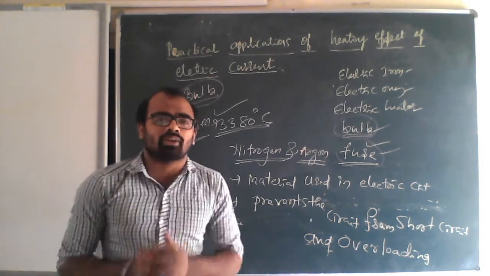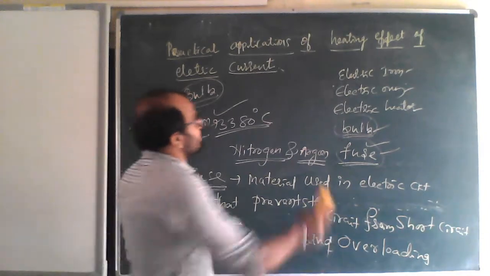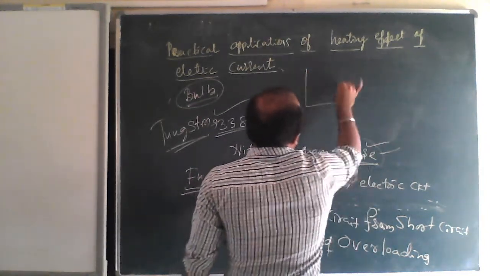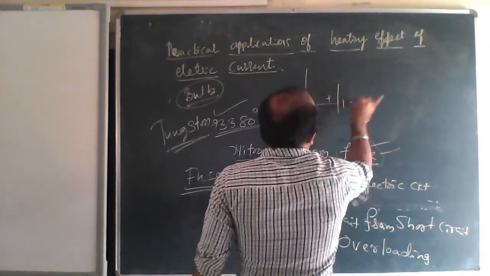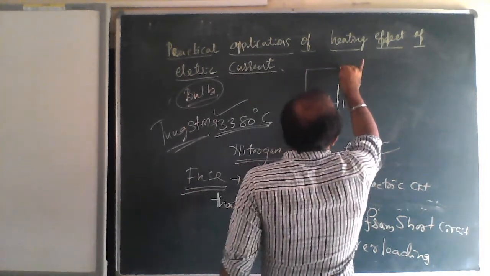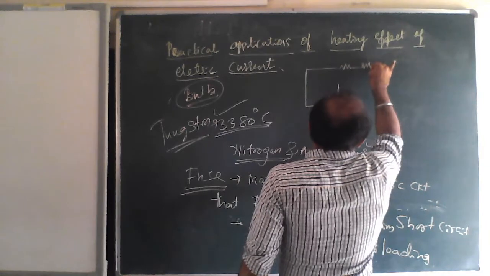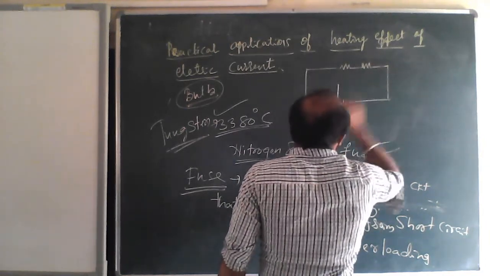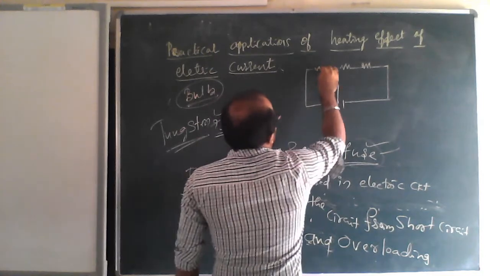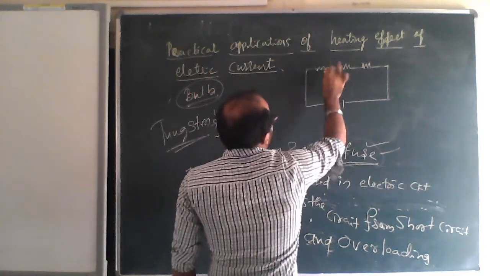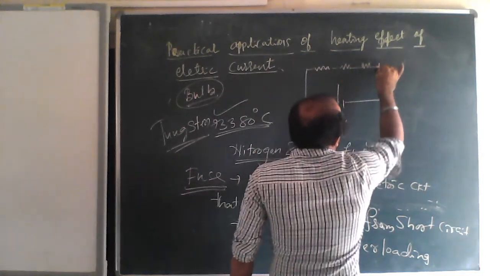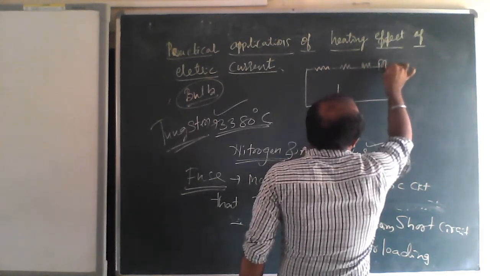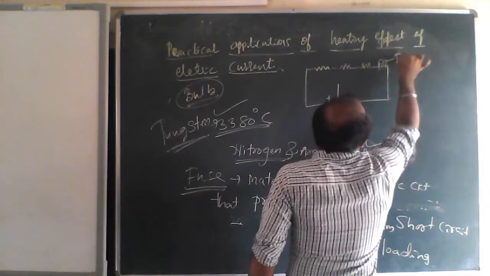See, suppose what happens if I connect the fuse here. If there is an overloading, plus minus, let me say, resistors are there. See what happens here. I will take one resistor. The fuse will be connected here, in series always. Let me say this is the fuse.